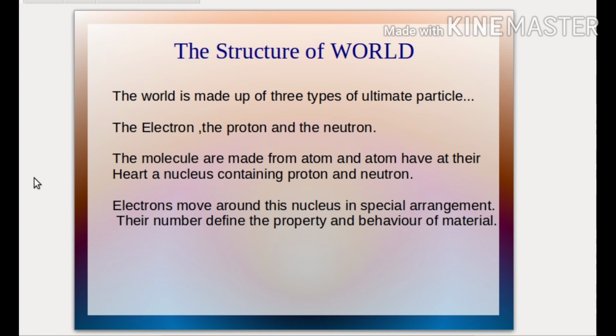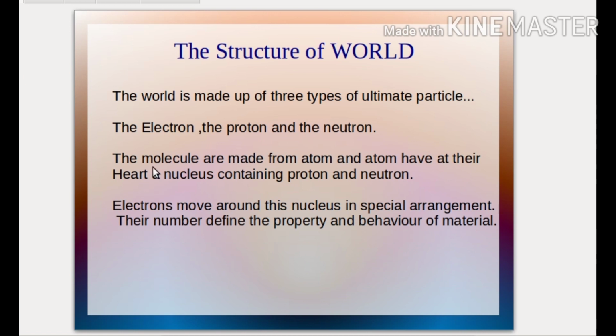For this we have 3 particles. The world is made up of 3 types of ultimate particles: the electron, proton and neutron. These are the fundamental particles, and for every big to bigger thing, these particles are important. These particles play the role of generating them.